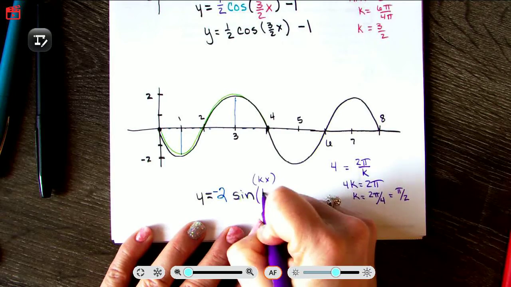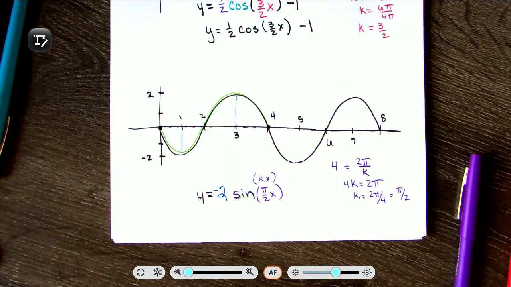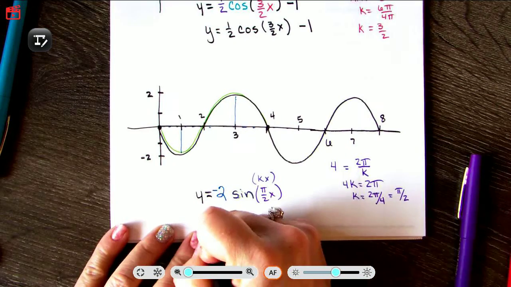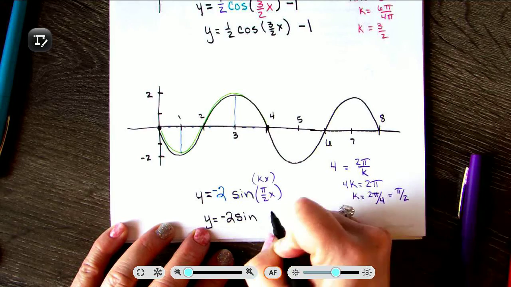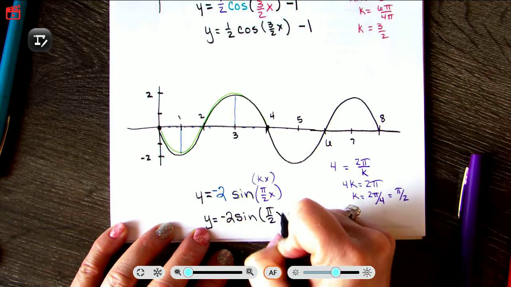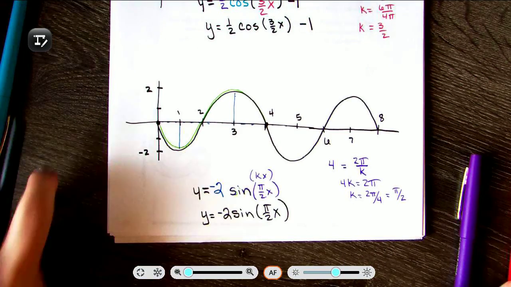So we'll see this pi over 2x. So the equation to this curve is y equals -2 sine pi over 2x. And it was not shifted up or down, so that is our result.